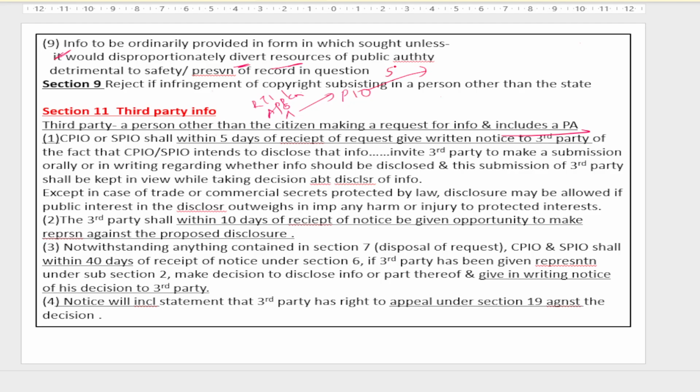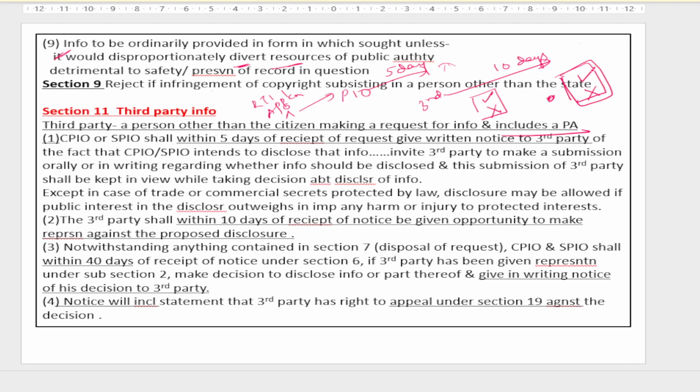So the PIO will, within 5 days, write a letter to the third party asking the third party to give your response about whether you consent to disclosure of information or you do not consent to disclosure of information. Now the third party will, within a period of 10 days, make a representation before the PIO, and the third party will give its decision whether it consents to disclosure of information or not. And the PIO will consider this response given by the third party, by making a decision whether to disclose the information or not.